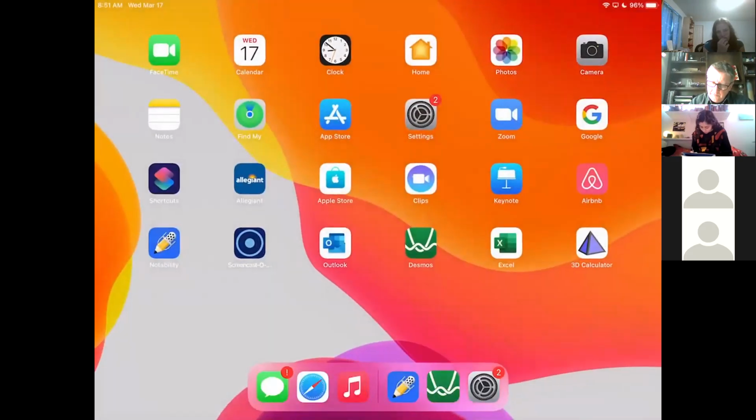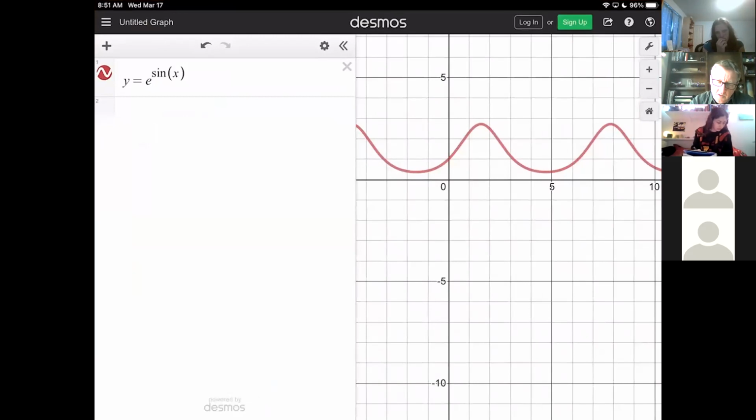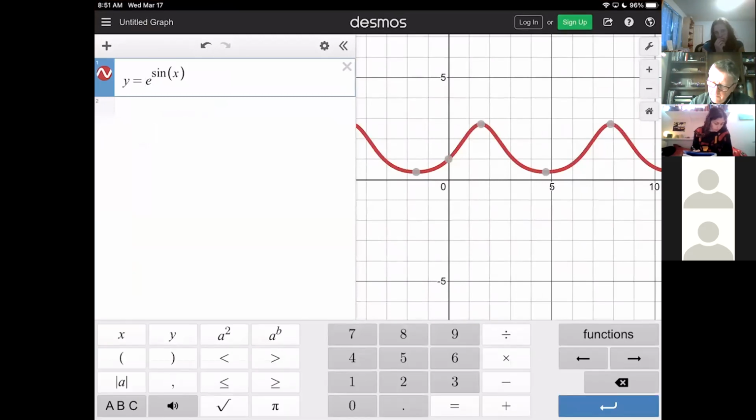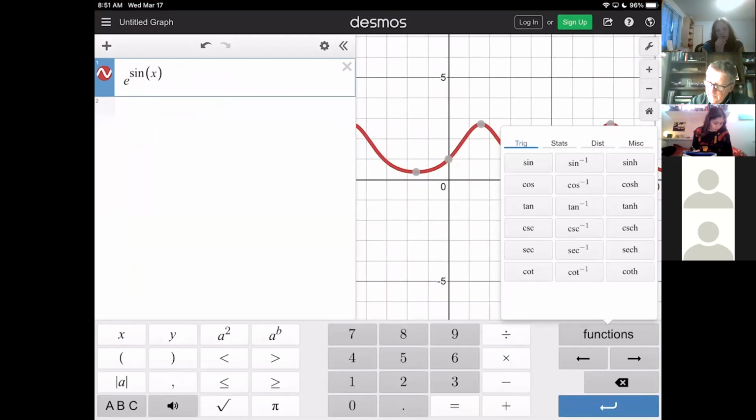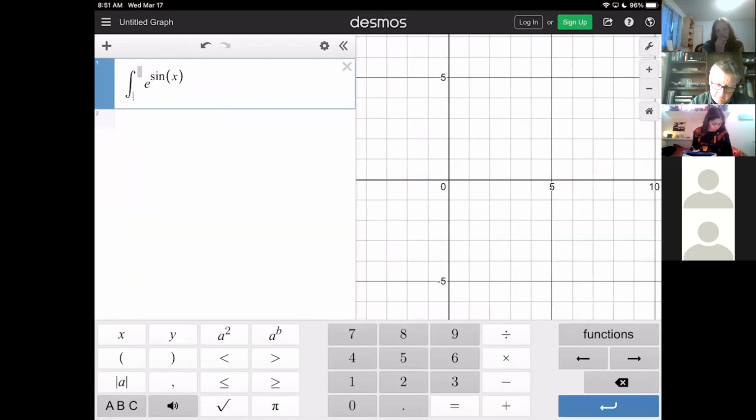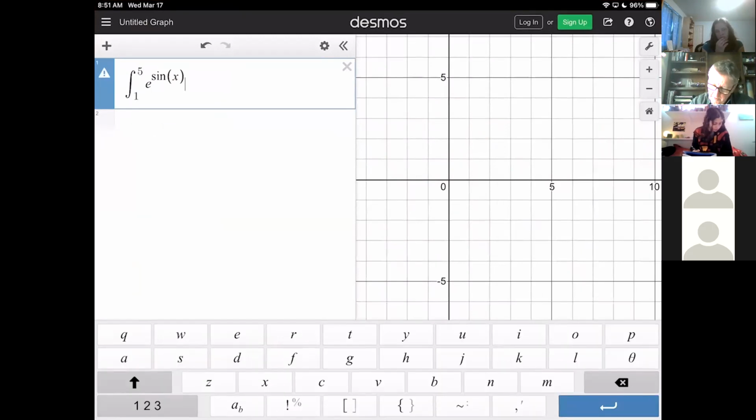Going into Desmos, see what the right answer is to check my work. And I'm hoping I got this wrong, just because again, I'm trying to illustrate to you how to do math.